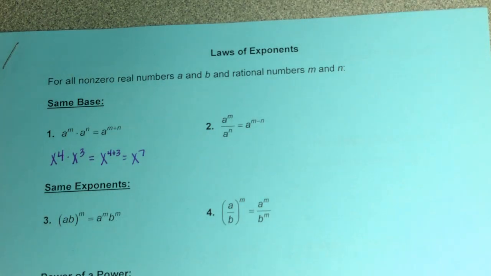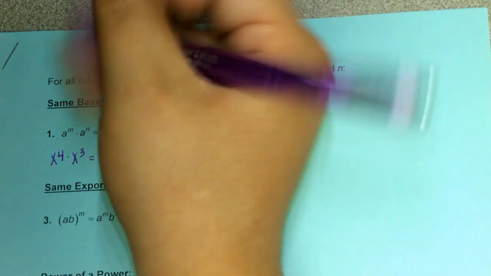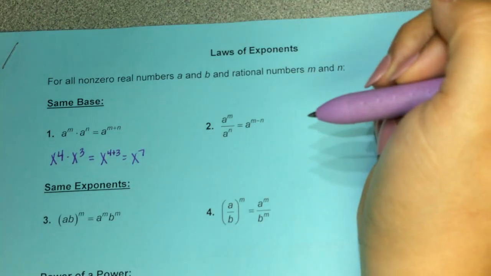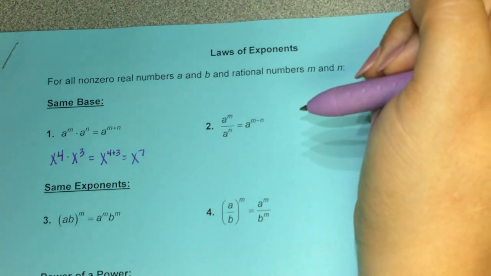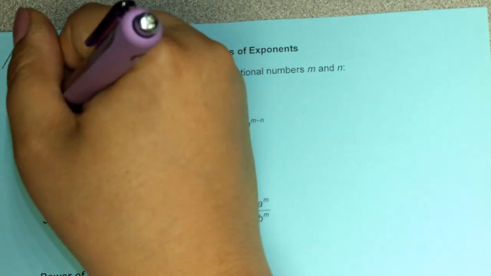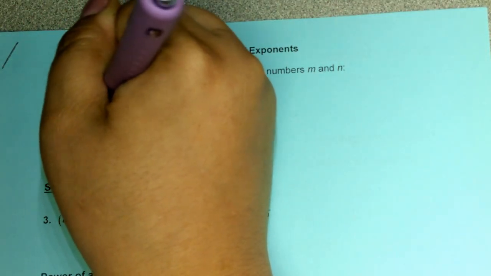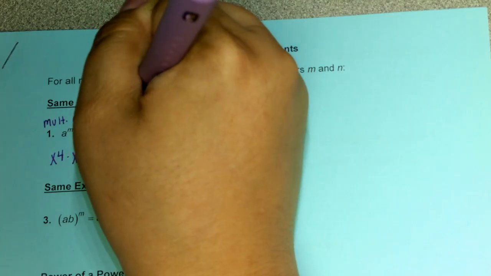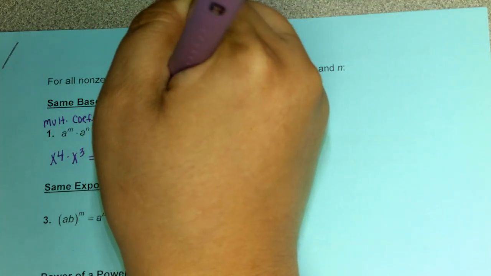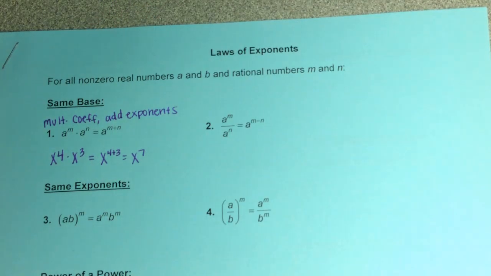Now what if this had a coefficient out front? What are we going to do to the coefficients? Multiply. So just as a reminder, you're going to multiply the coefficients, add the exponents.